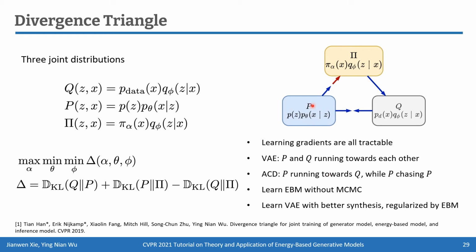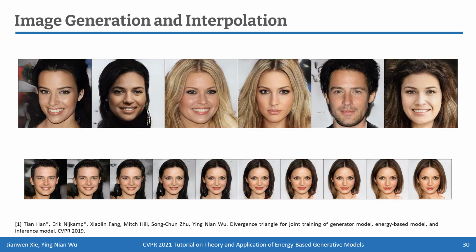So this P has to be close to this target density defined by this energy-based model. So this gives us a unification, or at least an integration, of adversarial learning and variational learning. This slide shows some image generation results and also interpolation results in high resolution by this divergence triangle.